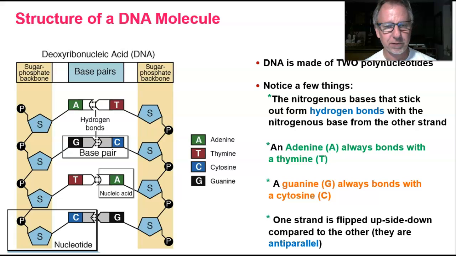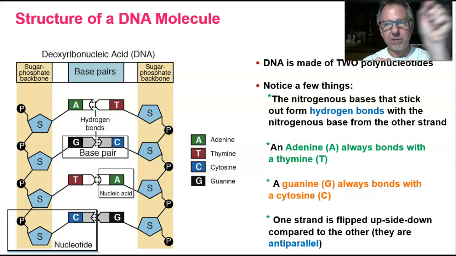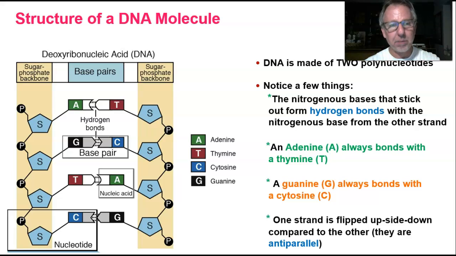Look really carefully at the figure that's being shown on this slide, because it shows 2 polynucleotides lined up side by side. Each one of them has a phosphate sugar backbone. And sticking out from each of them are the nitrogenous bases, the A's and the C's and the G's and the T's.